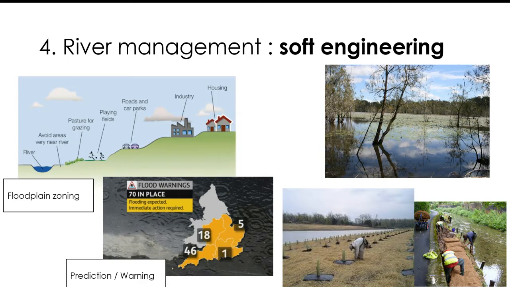In terms of soft engineering as well, it's literally sometimes just a case of making sure everybody has information. So predicting that heavy rainfall is going to come in, the Met Office will be in charge of that. And then the Environment Agency are in charge of making sure that that knowledge is appropriately spread across both the general public and also any other stakeholders, so industries or governments or councils that need to make appropriate decisions with that information.